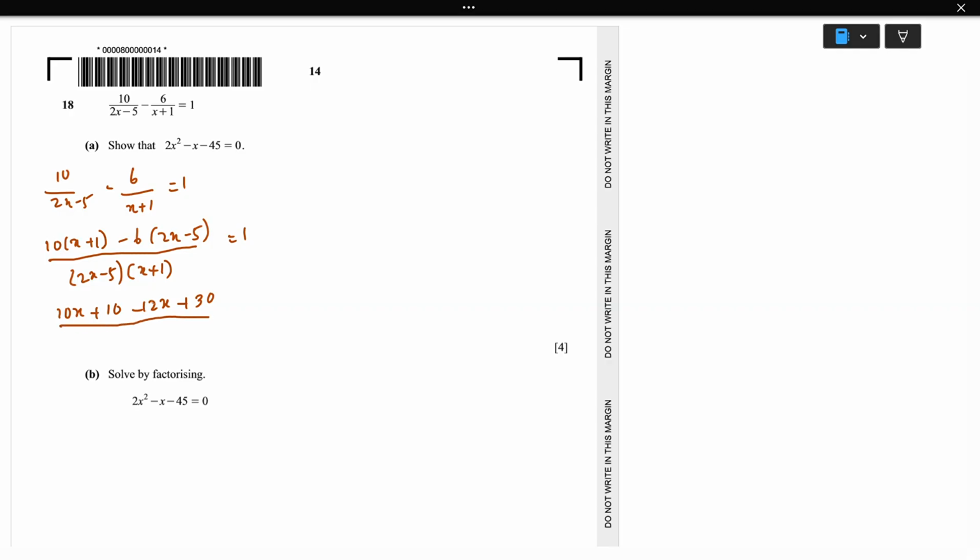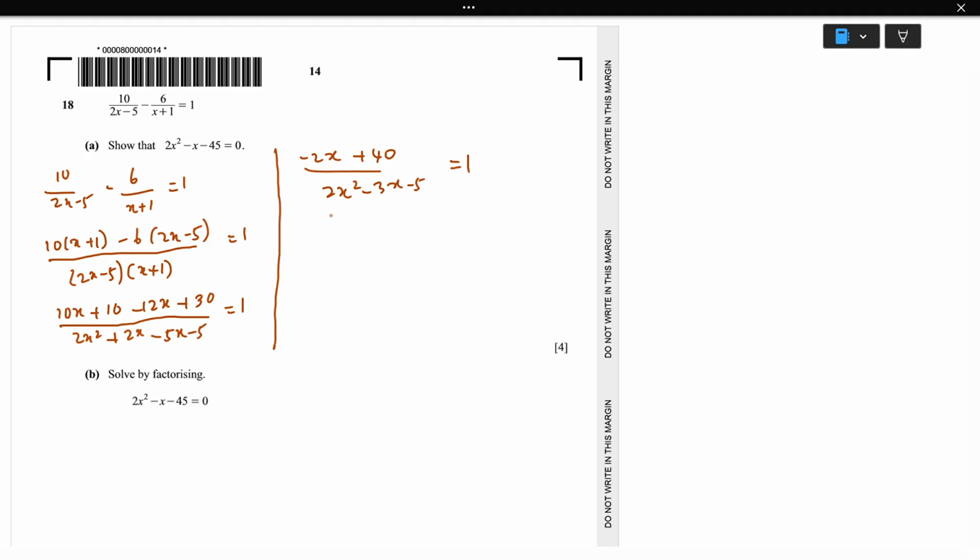Expanding the denominator, we get 2x squared plus 2x minus 5x minus 5. The numerator 10x minus 12x is minus 2x, and 10 plus 30 is 40. The denominator 2x squared, 2x and minus 5x become minus 3x minus 5.